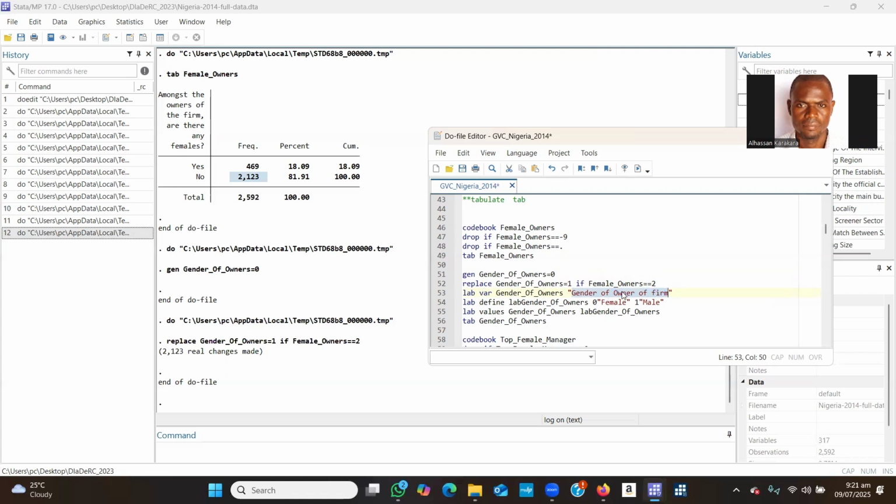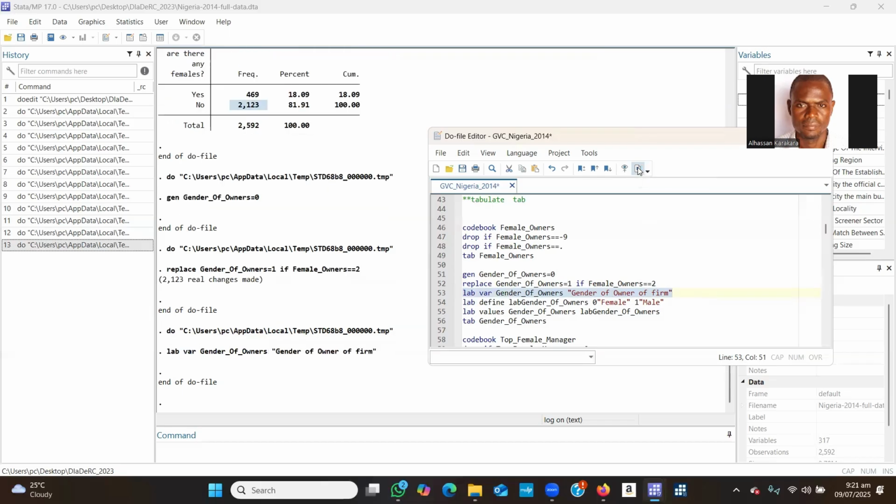You run the lab var command and you see that STATA has now labeled the variable. The variable label is different from the variable name. In this case, this is the variable name, and gender of the owner of the firm is the variable label. When I finish, I'll show you the difference.